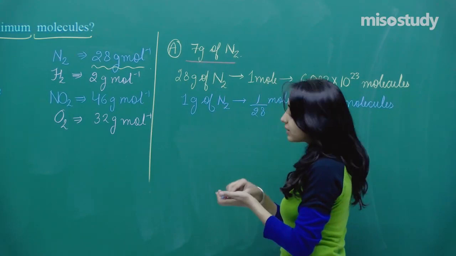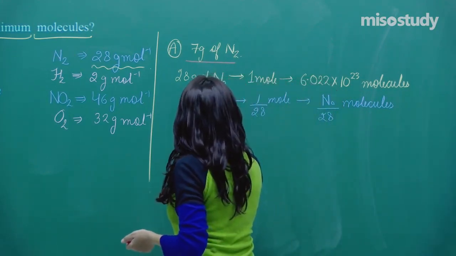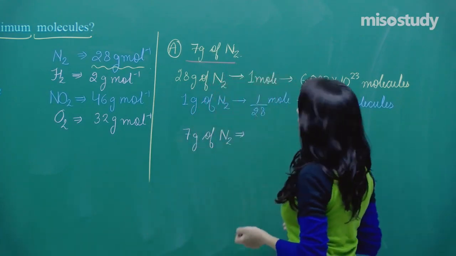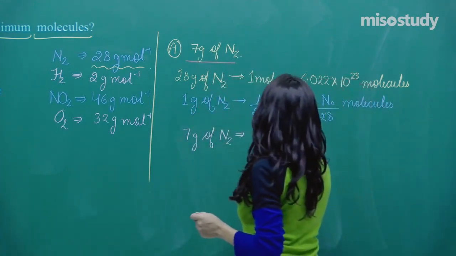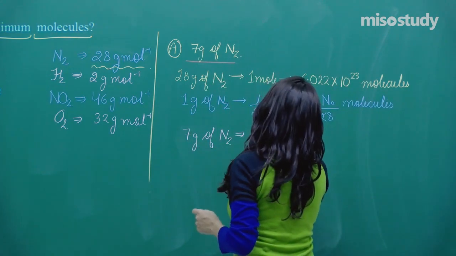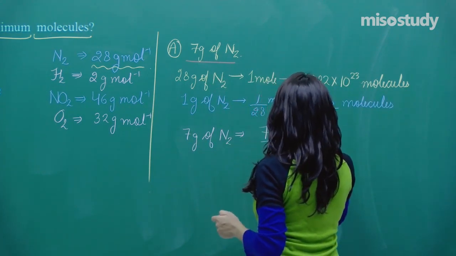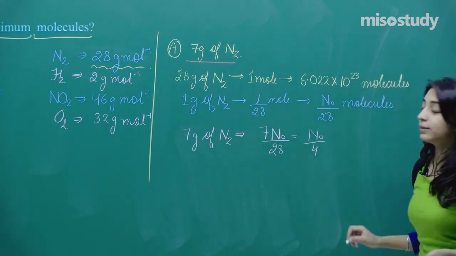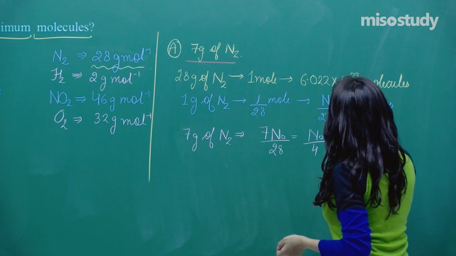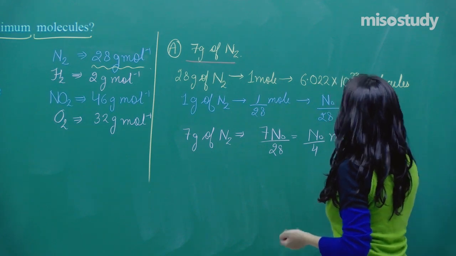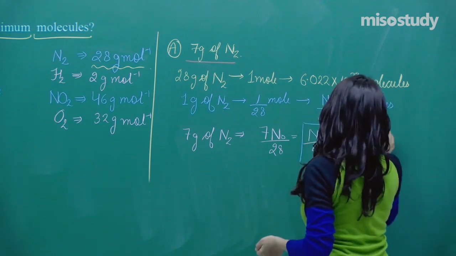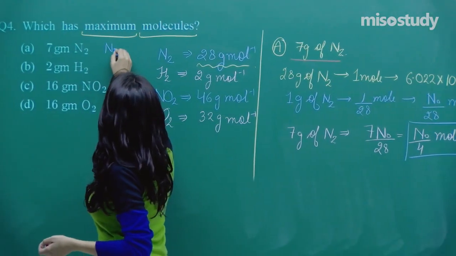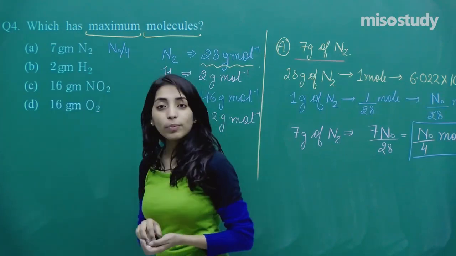So the question was 7 grams of nitrogen will be having how many molecules? So simply say 7 into N naught divided by 28. We have N naught by 4, right? Molecules. Point number 1. Clear enough? Let me just write down here as a value N naught by 4.